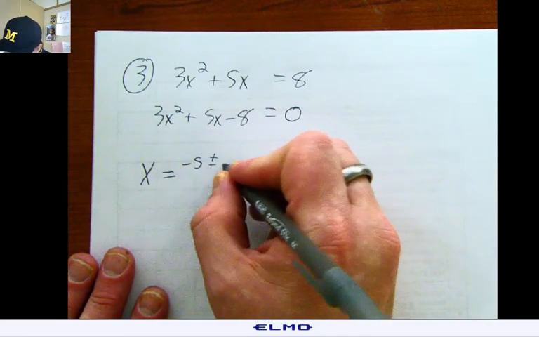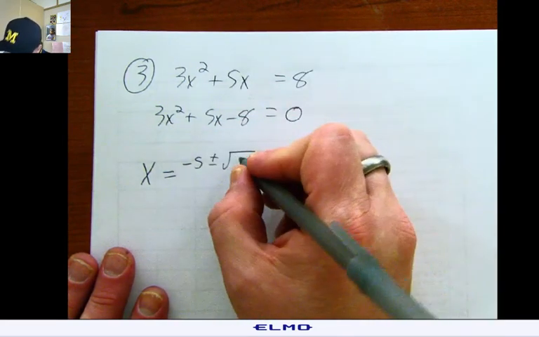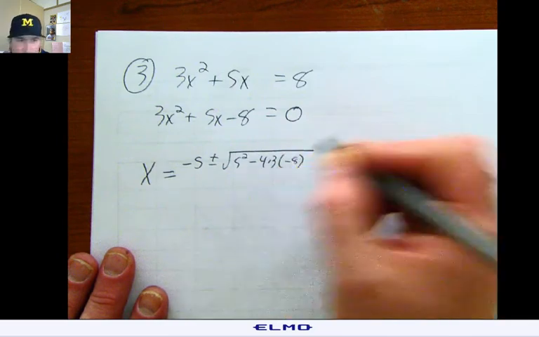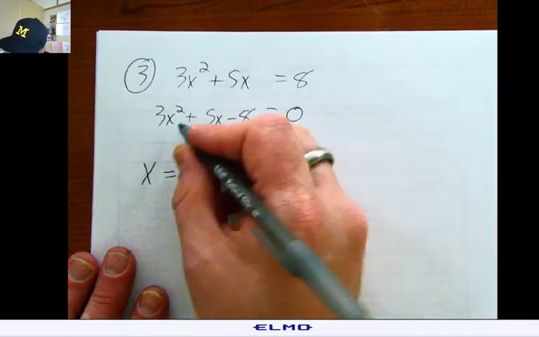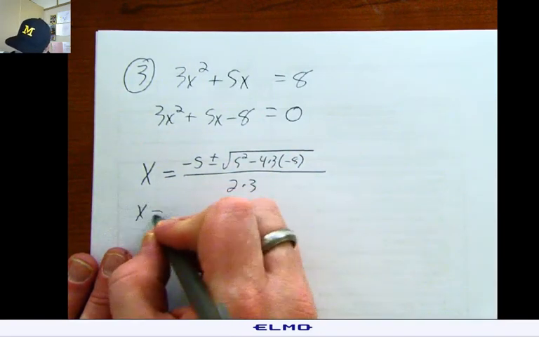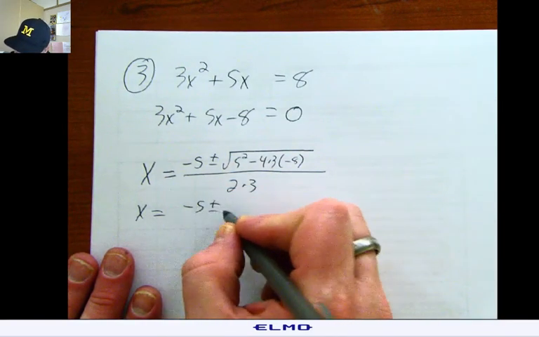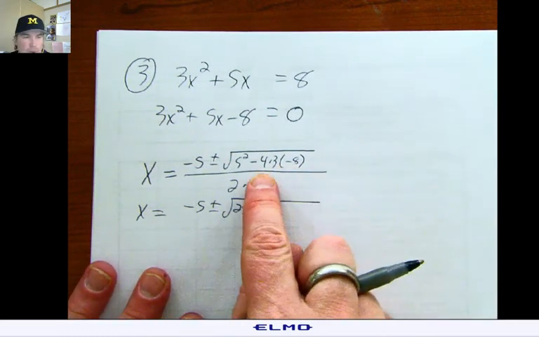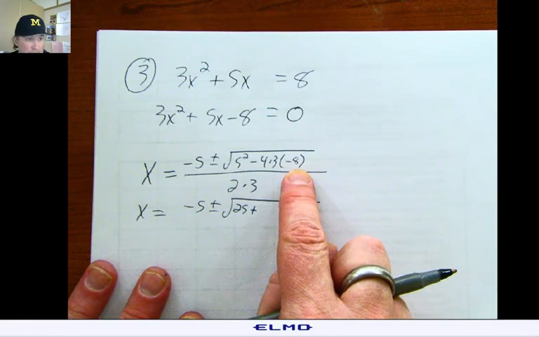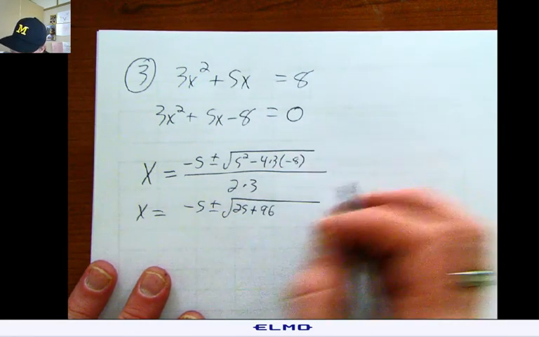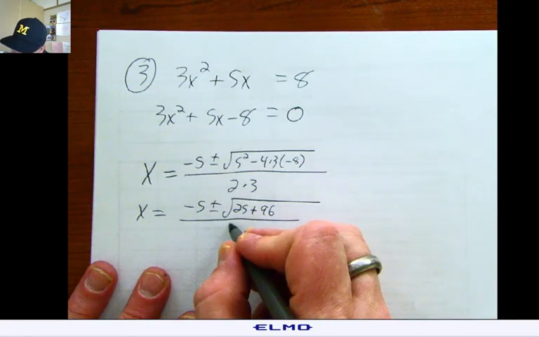-5 plus or minus the square root of 5 squared minus 4 times 3 times -8, all over 2 times a, so 2 times 3. Which gives me -5 plus or minus the square root of 25 plus, -4 times negative, that's positive 32 times 6, so 96, so plus 96, all over 6.